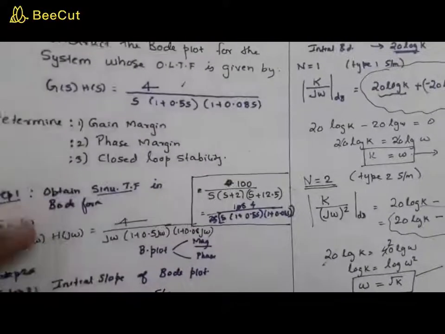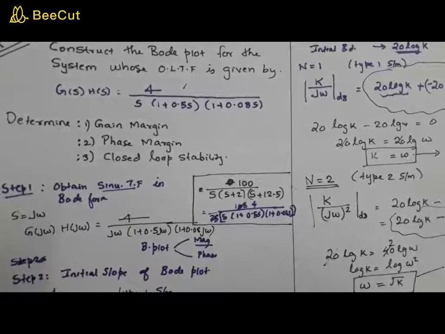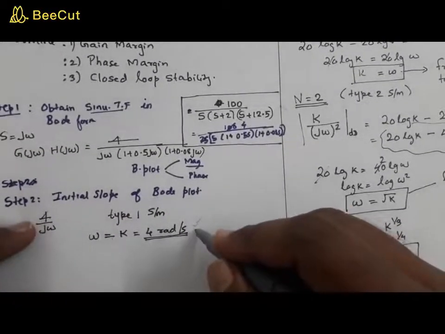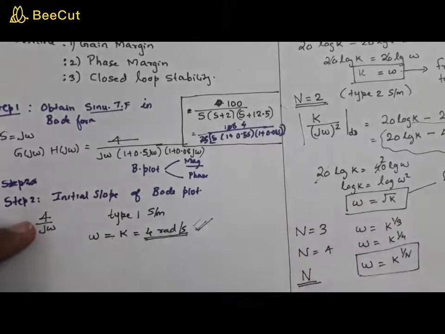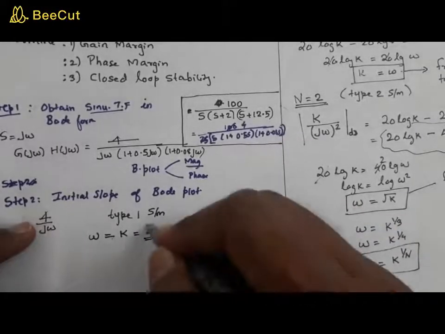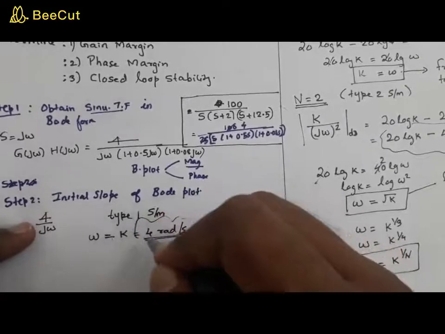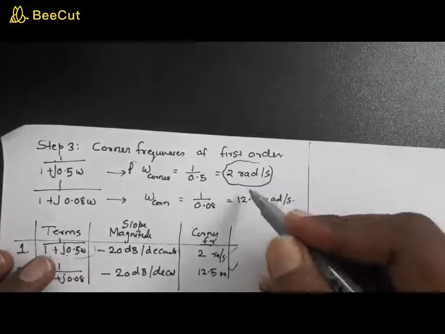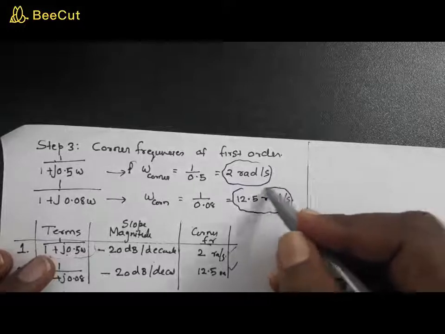So we got the initial slope of the Bode plot, which meets the 0 dB axis at 4 radians per second. This is an important parameter required. The other two are the corner frequencies of each term, that is 2 radians per second and 12.5 radians per second.